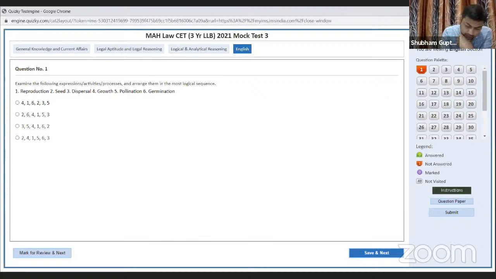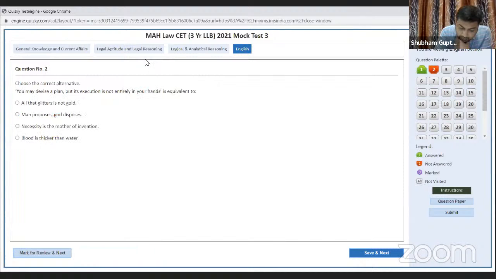Now second is 6 and second is 4. So second is 4 growth and 6 germination. After growth, there is reproduction, pollination, and here after germination, growth, reproduction, pollination, dispersal. So I think it looks like B. I'm not sure.